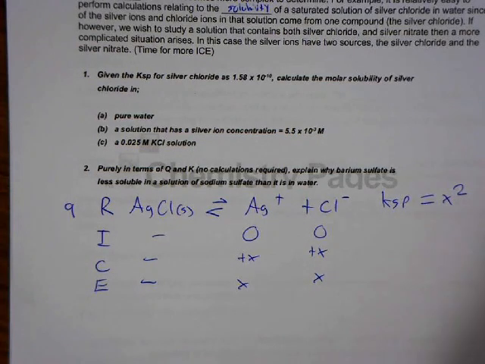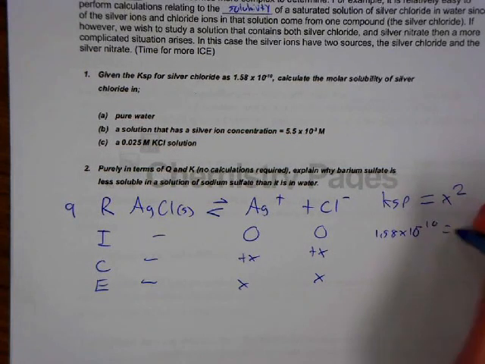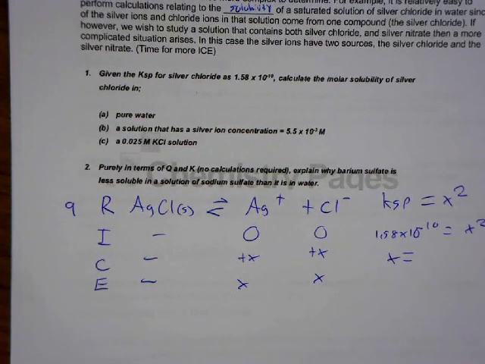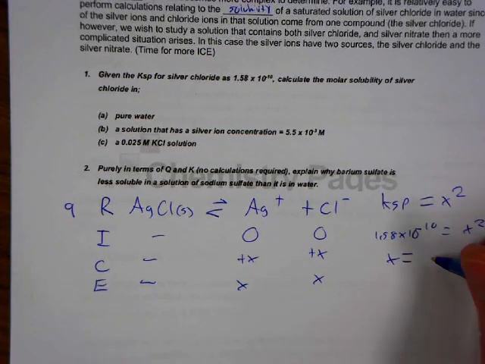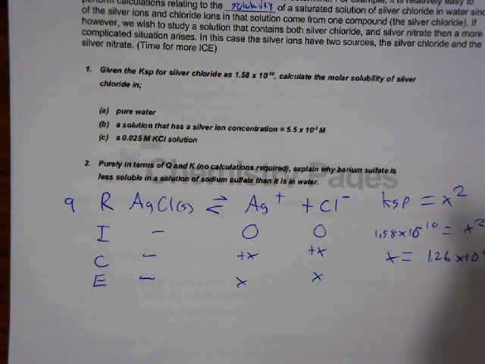I'm just showing you the difference, okay? 0, 0, plus x, x, x. So Ksp is going to equal x squared, right? So that means that 1.58 times 10 to the negative 10th is equal to x squared. And x ends up being what?